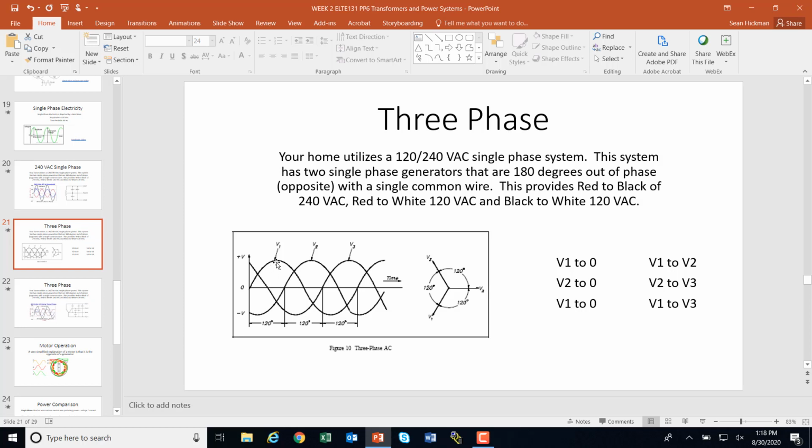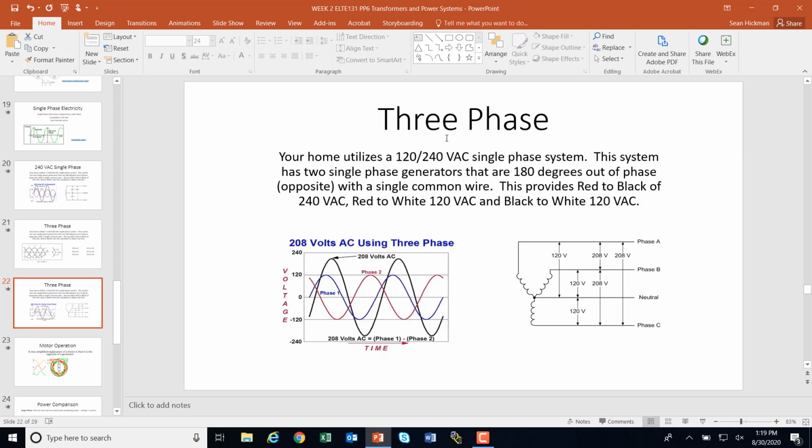So you would add those two together, and at this point you would get, let's say, 208 volts. You have voltage 1 to voltage 2, voltage 2 to voltage 3, and voltage 1 to voltage 3. You could touch your multimeter across any of those for the different voltages. Like I said, I'll touch that up. Three-phase, once again, I've got to touch that description up. But that's how you get your 208 volts using three-phase.